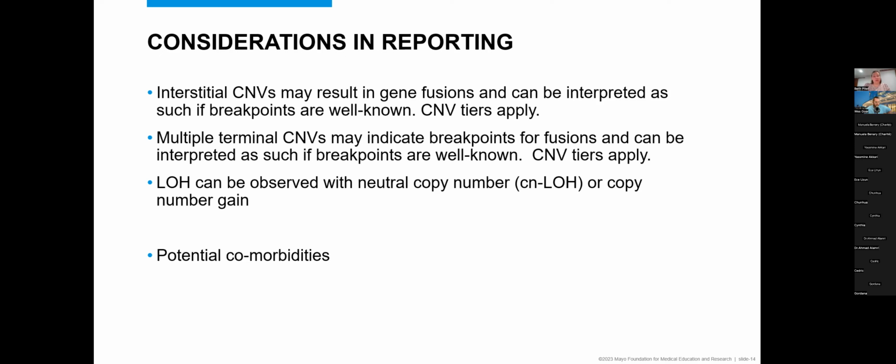LOH can be observed both at a neutral copy number state, we see that a lot with genes like TP53, RB1, or a copy number gain. So something to keep in mind when we're correlating NGS results with LOH is if we see LOH in an amplified region like EGFR or MYC, how are we going to interpret that?